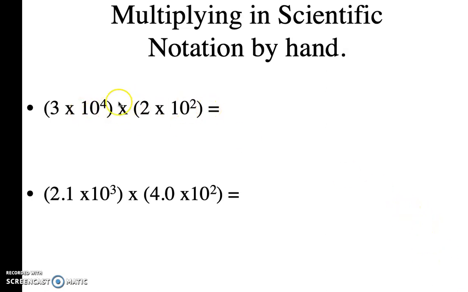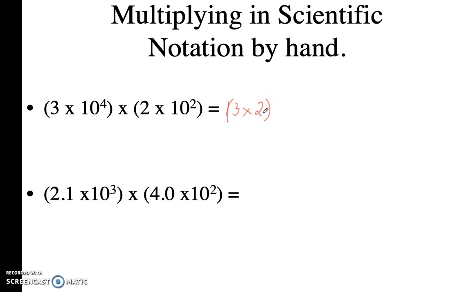Okay, so we have these numbers here. You have your coefficient and your exponent. This number has one sig fig. This has one, so our answer should have one sig fig. So let's take a look at one at a time and how to set it up right. First we're going to multiply the coefficients, 3 times 2.